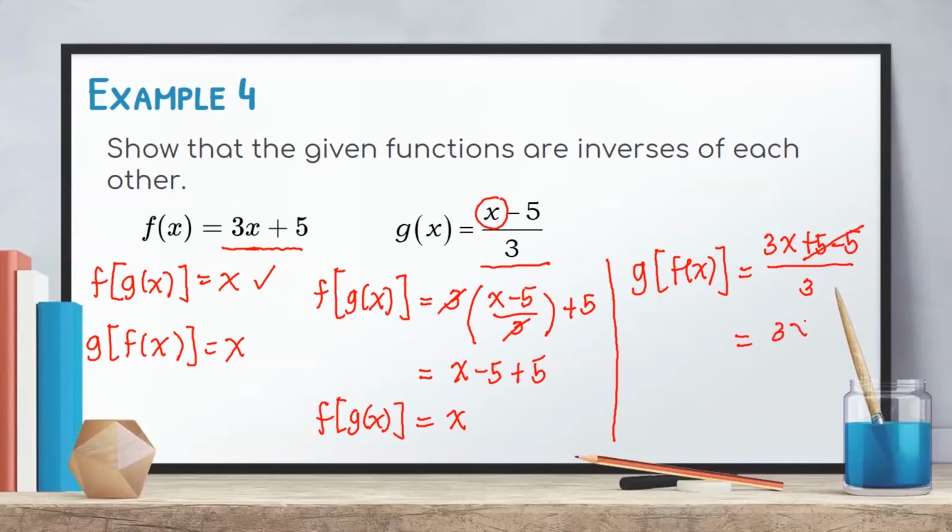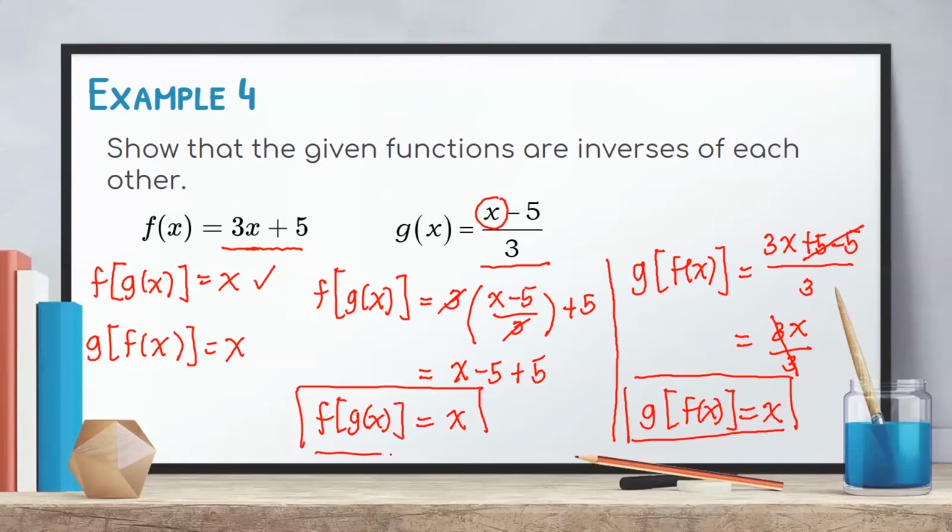So we will have 3x divided by 3. And 3 divided by 3 is equal to 1. So we have here x. So therefore, g of f of x is equal to x. With this, both the conditions were being satisfied. Therefore, f of x and g of x are inverses of each other.